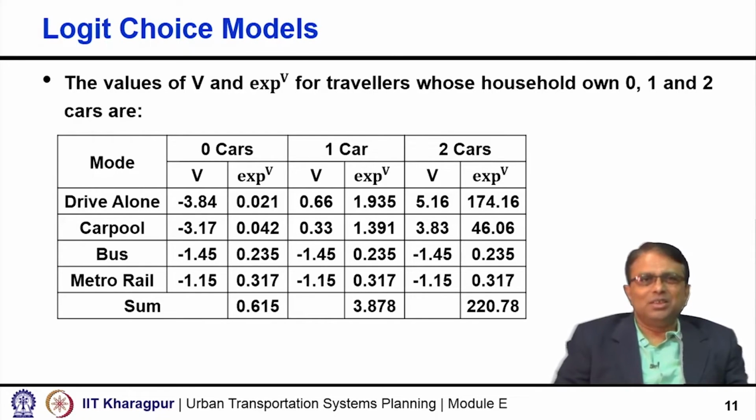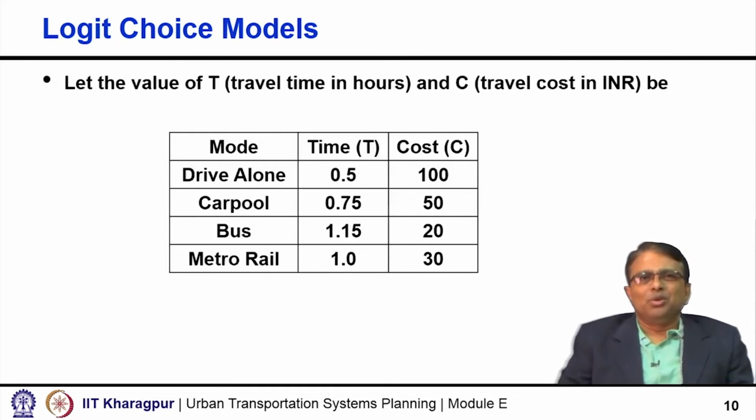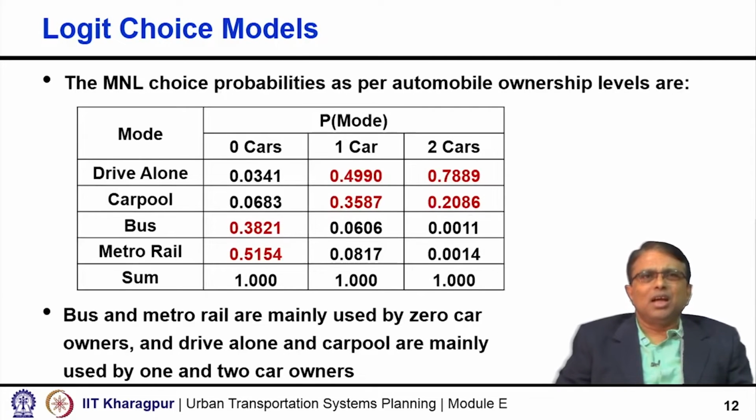So, accordingly, using this set of equations as given in 16 A, B, C, D, we can calculate using appropriate travel time and travel cost values for different modes and considering 0 car, 1 car and 2 car, and then the sum of e to the power utility, and then accordingly the probability.